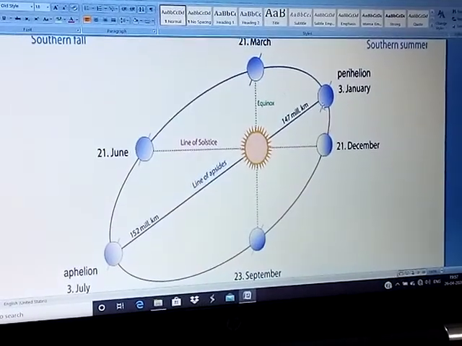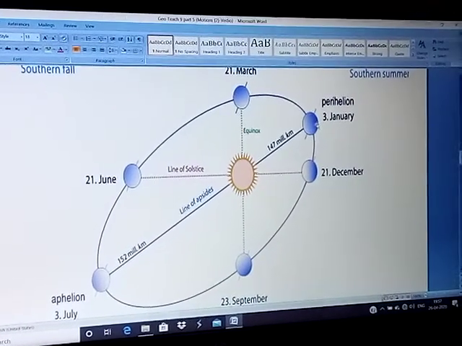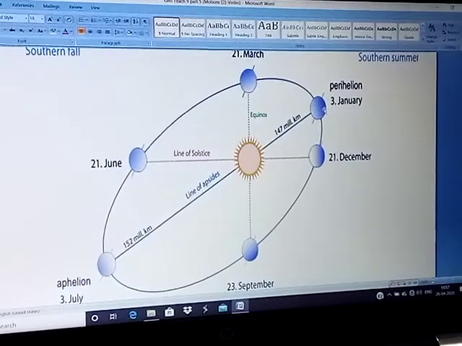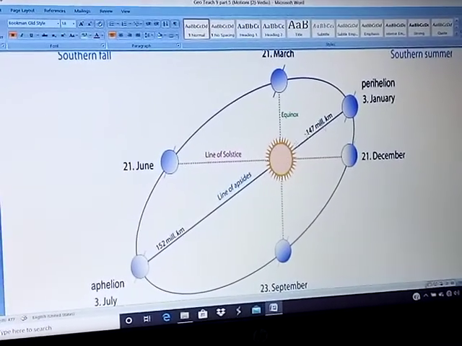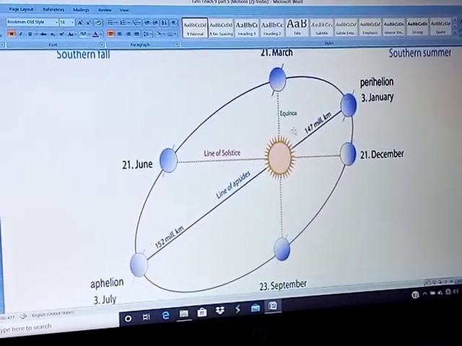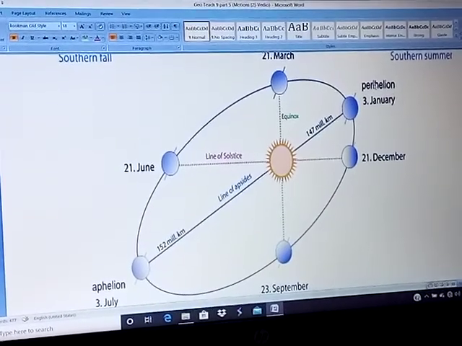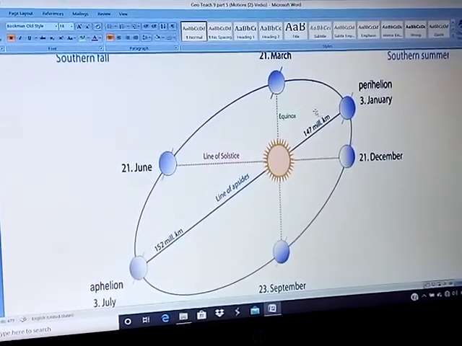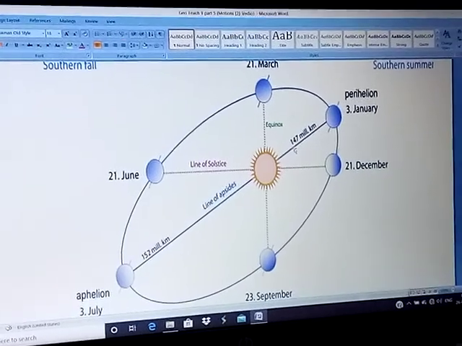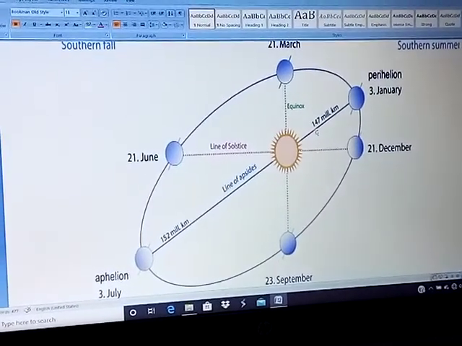The position of the earth which is the closest distance between the sun and the earth is known as perihelion, which is approximately 148 million kilometer.